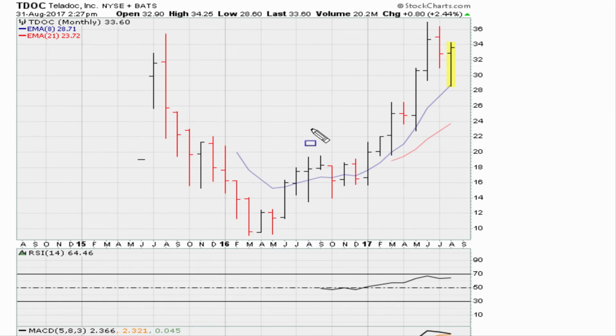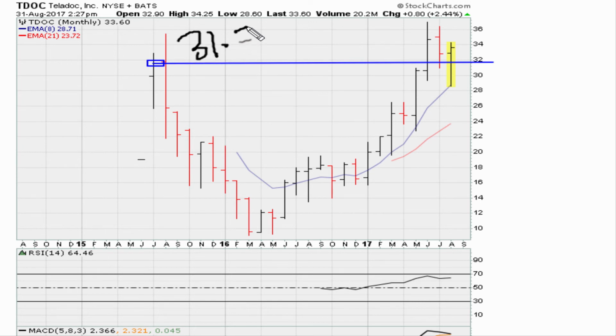Now there was another potential entry level if you wanted to use the previous all-time monthly closing high. So once it broke out up above 25, the next potential breakout level would have been 31.57, going back to the closing highs of 2015. So again, that would have triggered another entry level, which is here.